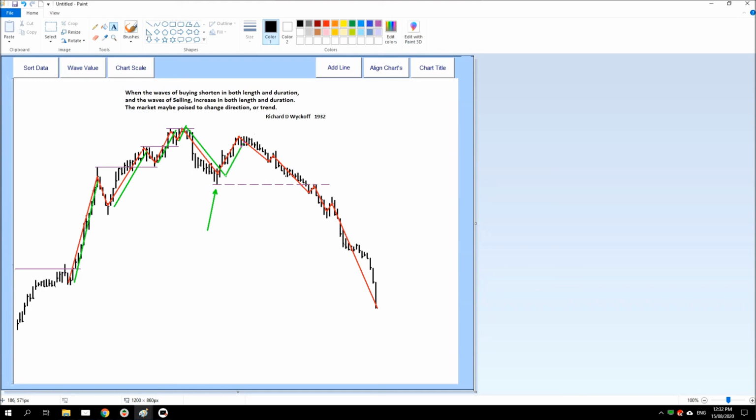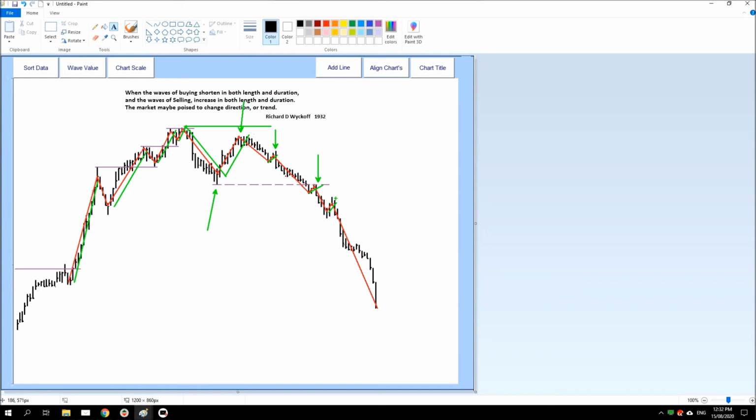Then when the market can't recover the previous highs, you have to really worry that the sellers are taking control. And then when the buying waves begin to shorten so much, they're just showing you how weak they are. There's almost no buyers left in the market. Demand has gone.